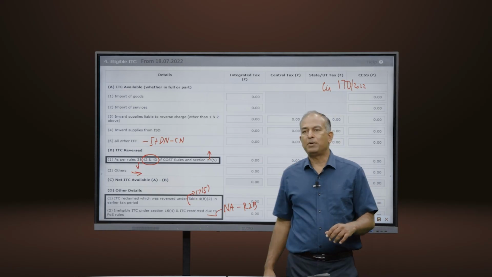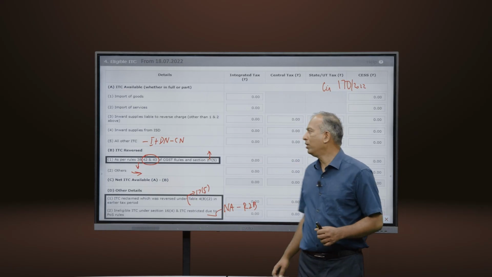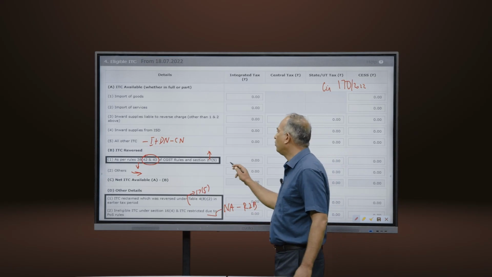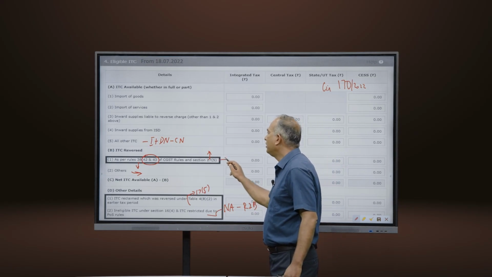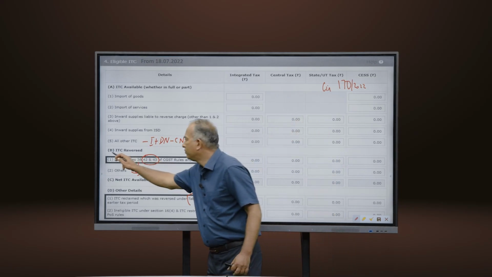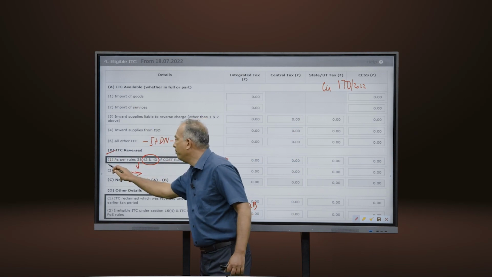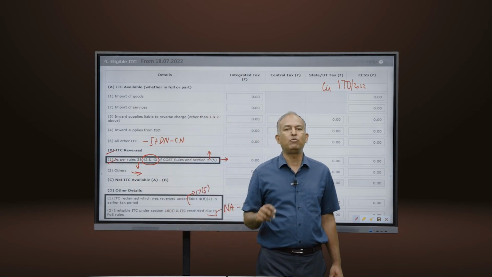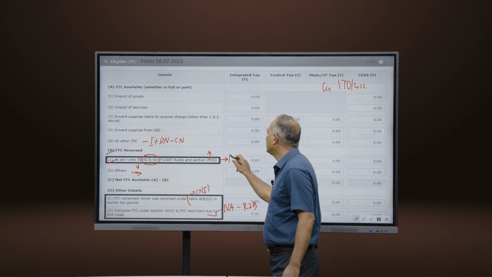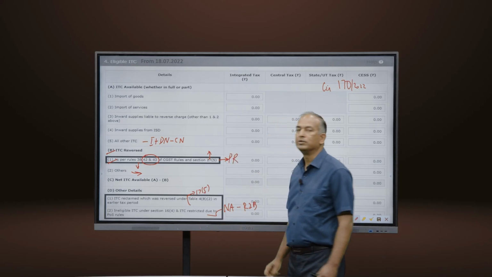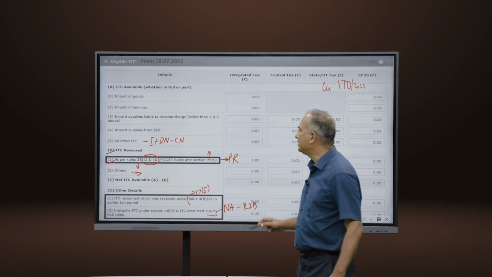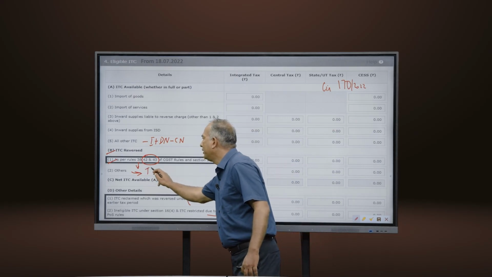Now, the next part of the changes brought in is the reversal under 4B1. This is 4, B1. The reversal under 4B1 is called permanent reversals, and the other category is called temporary reversals.